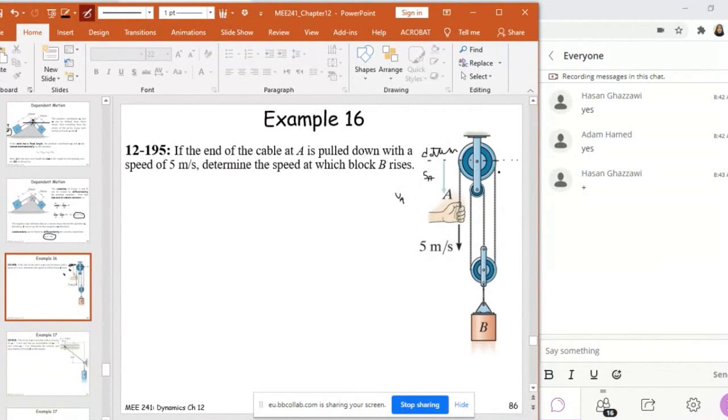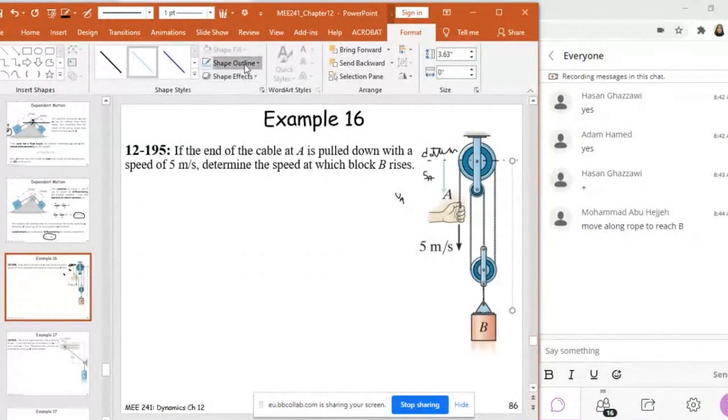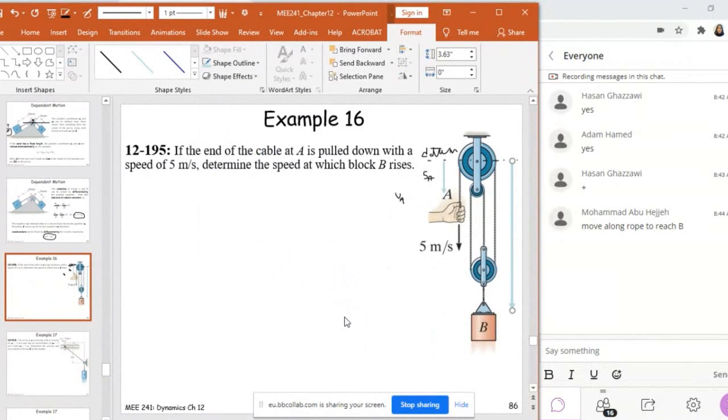Now, what do you think, guys? What about the second point here, which is SB? It's from this datum to this point, right? I'm also going to increase the weight so you can see it. I think now it's clear, right? Now this is SB.